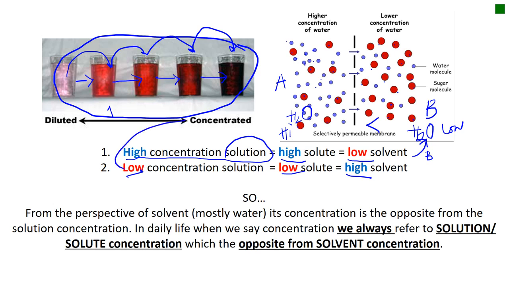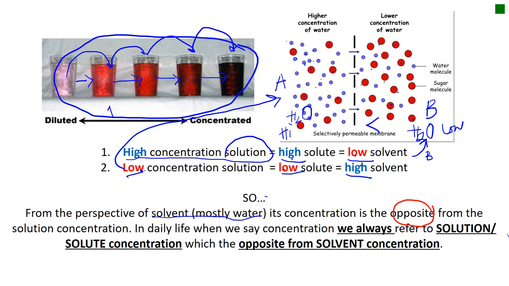And you can guess that number 2 represents A. You can see from here: high, high, low; low, low, high. So from the perspective of solvent, which is mostly water, its concentration is the opposite of the solution concentration.